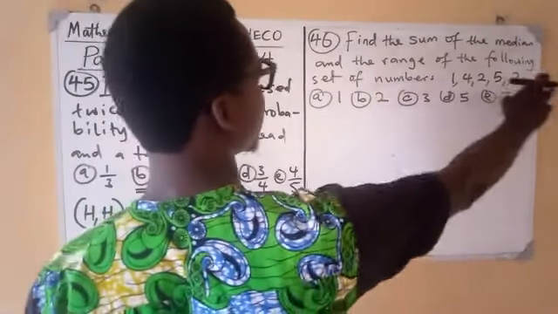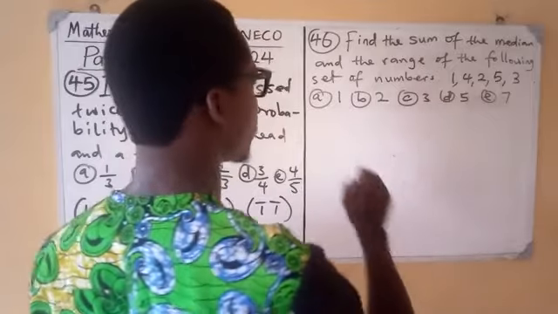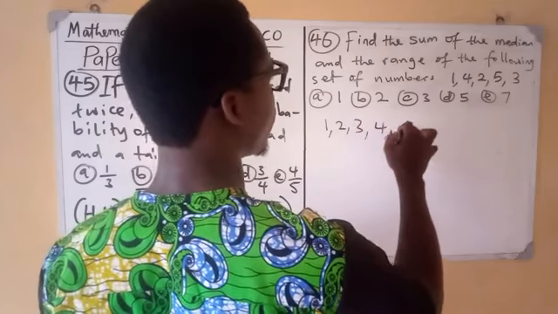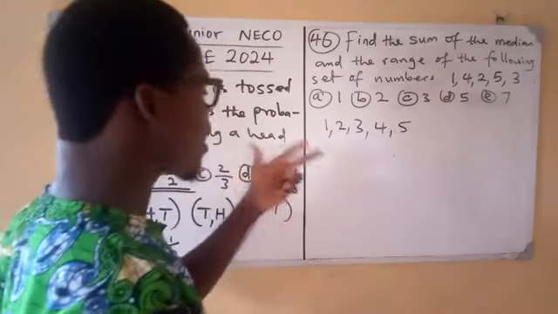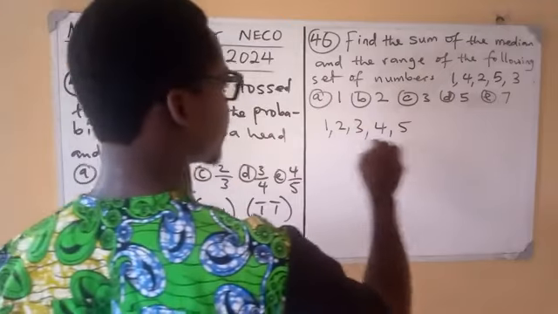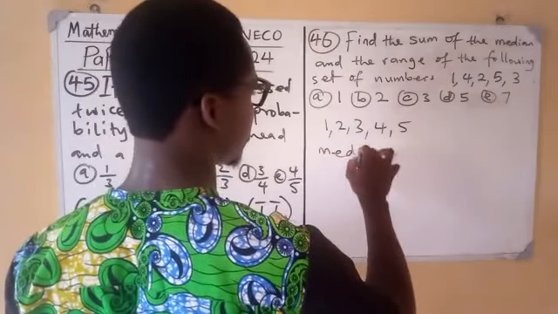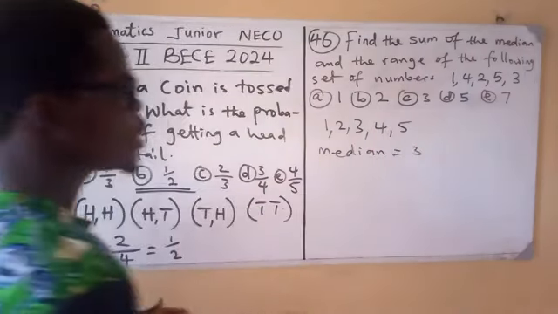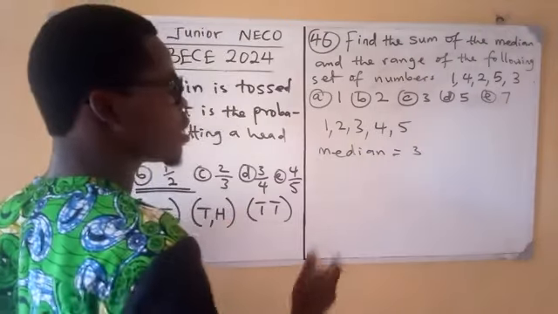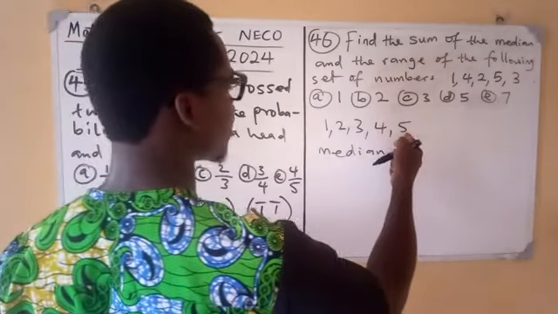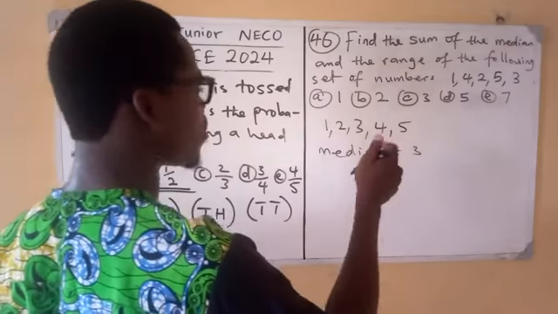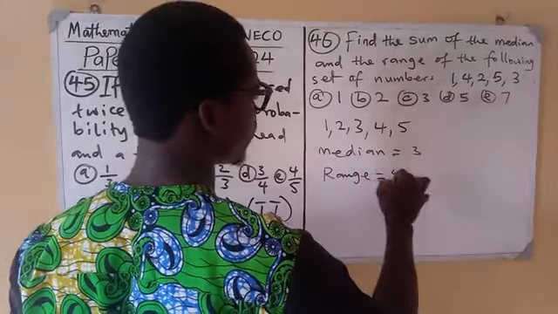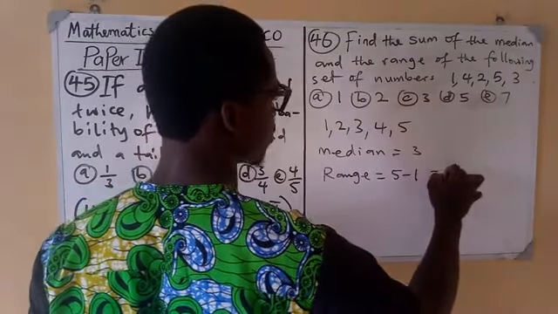First and foremost, we are going to find the median and the range. Let's arrange the numbers in ascending order. So we have 1, 2, 3, 4, 5. We can see clearly that the median is 3. Now the range is the difference between the largest and the smallest number, so the range is 5 minus 1, which is 4.